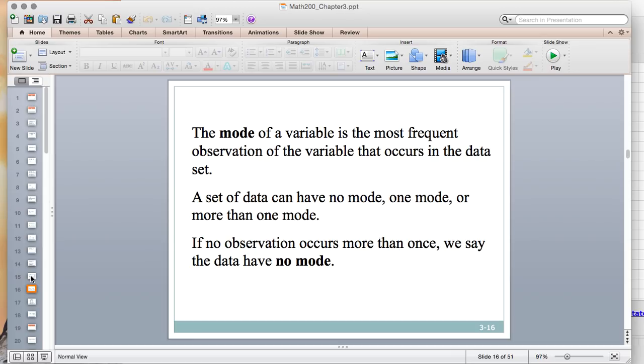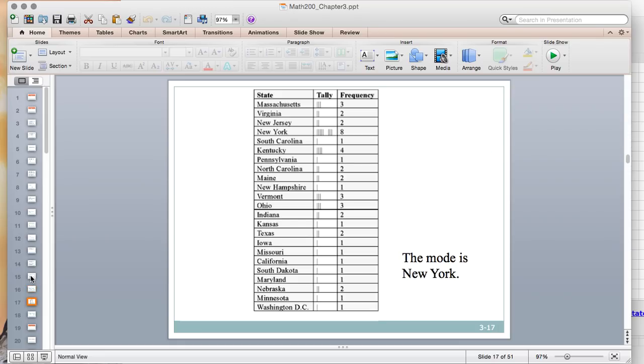So the mode is just the most frequent observation that occurs in a data set. A set of data could have no mode at all if there are no repeating observations. It could have one mode, or it could have more than one mode. And if no observation occurs more than once, we just say that the data has no mode.